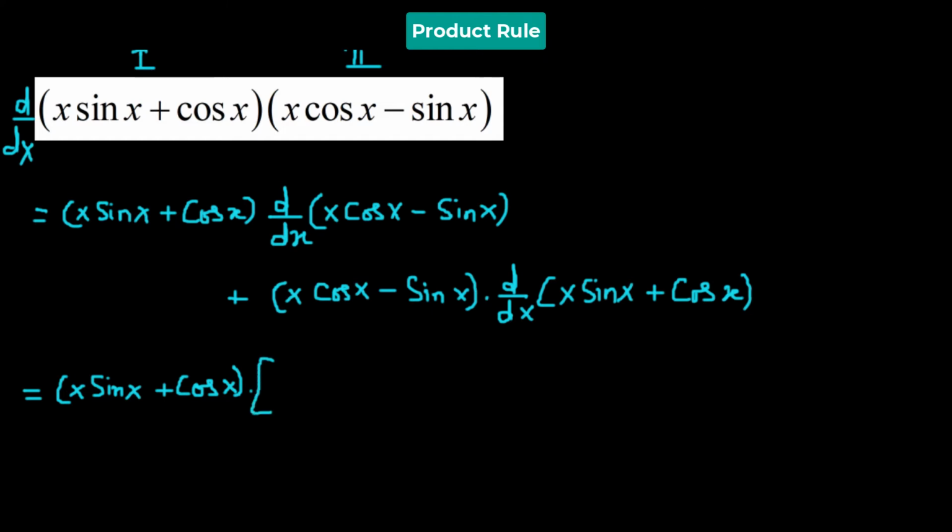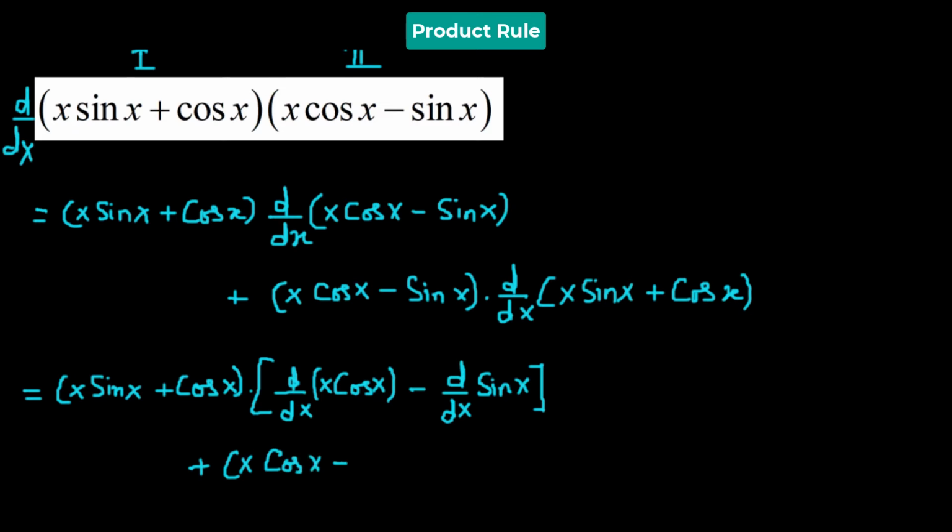multiplied to, now we're going to apply the derivative to each of the terms. So we have the derivative of x cosine of x minus the derivative of sine of x, plus x cosine of x minus sine of x multiplied to the derivative of x sine x plus the derivative of cosine of x.